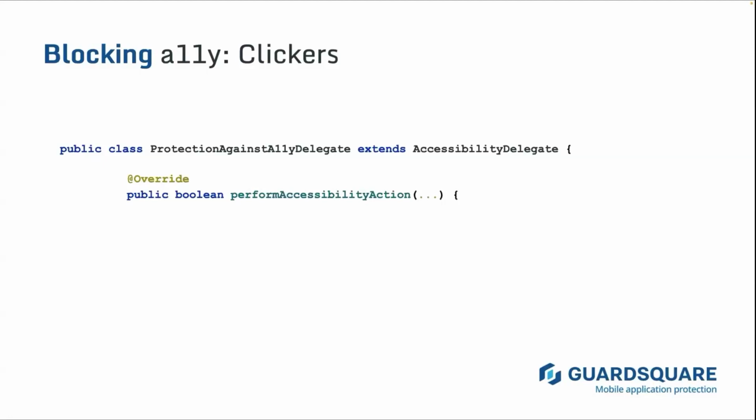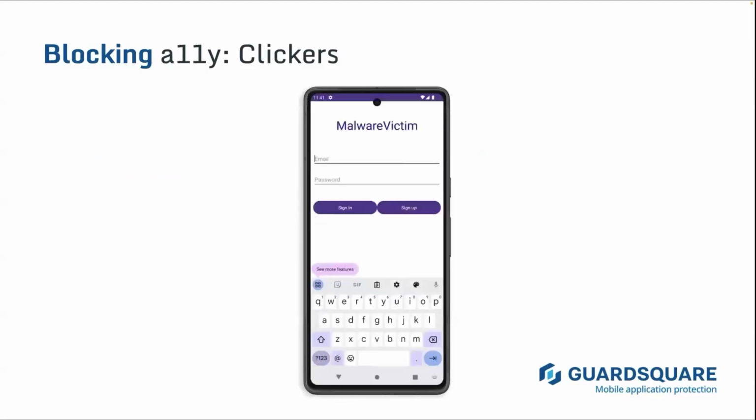So here we can just filter the action. For instance, if we get an action set text or click, we just discard them. We don't do anything. If there is some application trying to write on my application or click on a button for my application, I will not allow it. So let's see the result. Again, the user is trying to log in.